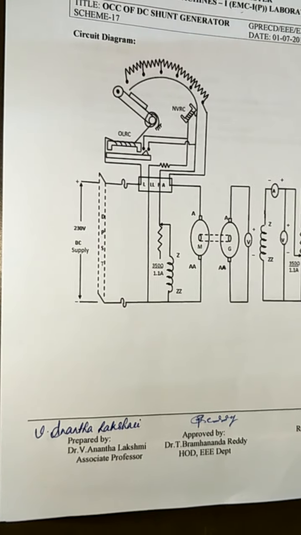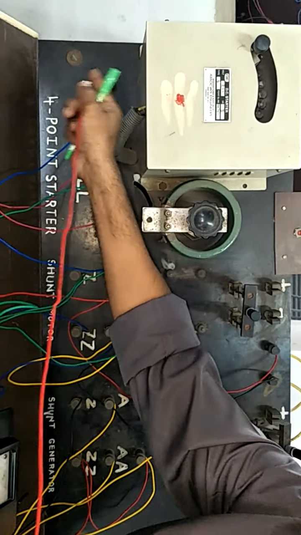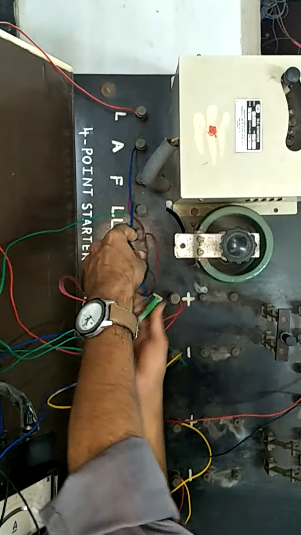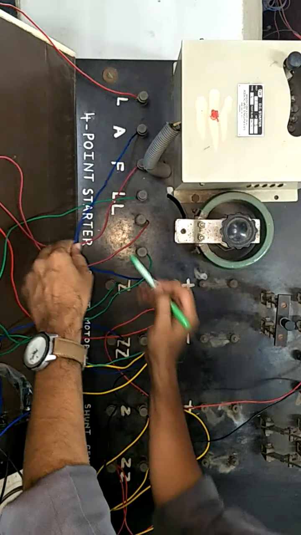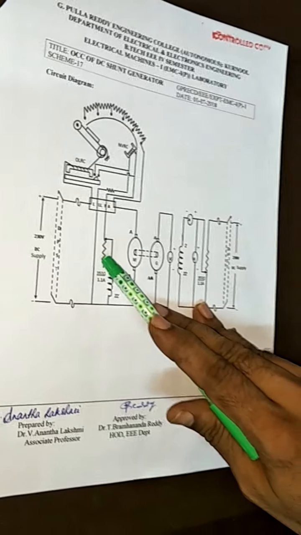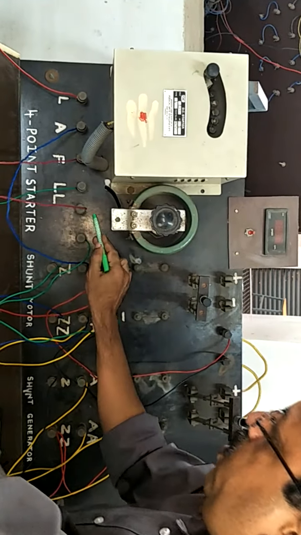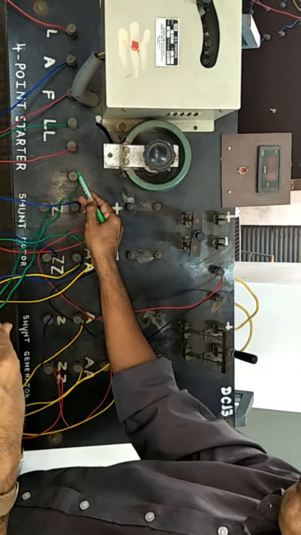So positive supply through the fuse is connected to the L terminal of the starter, and the next terminal is A. That A of the starter is given to the armature terminal A of the motor, and the F terminal from the 4-point starter is given to the motor field rheostat starting terminal. This is the motor field rheostat, and the starting terminal is this one, and it is connected here from F.